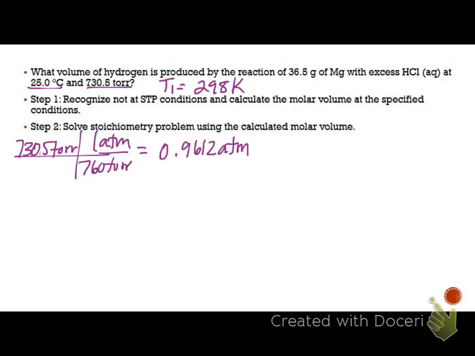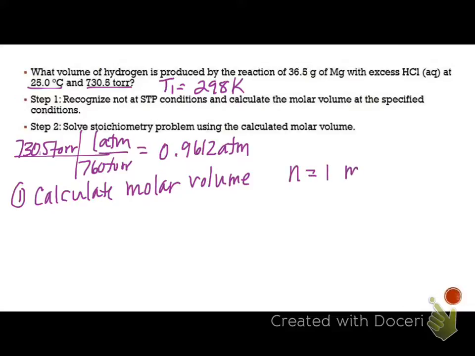So we're going to first calculate the molar volume at the new conditions that they gave us. Molar volume is basically the volume for 1 mole. So that means n is going to be equal to 1 mole.